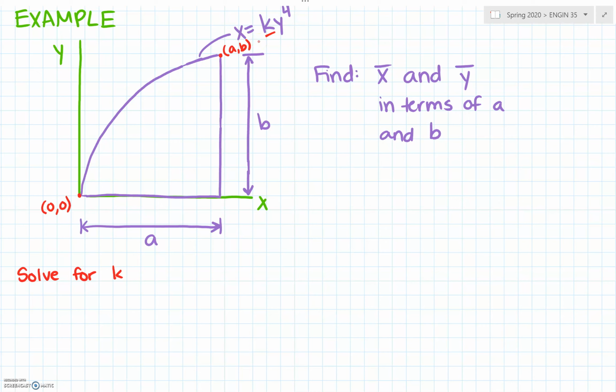We can use those points to solve for k. Using x equals a and y equals b, we plug that in. So we have a equals k b to the fourth, which leads us to k equals a over b to the fourth.